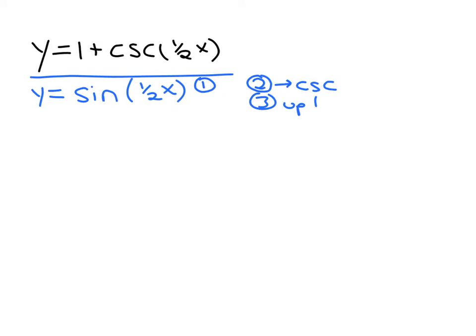I'm thinking about the best way to do this. I guess I'll start the way I've started all of my other examples, by taking what's inside of the sine function, so in this case 1/2 x, and putting that between 0 and 2 pi. So this will give us the x values that correspond to one complete cycle.